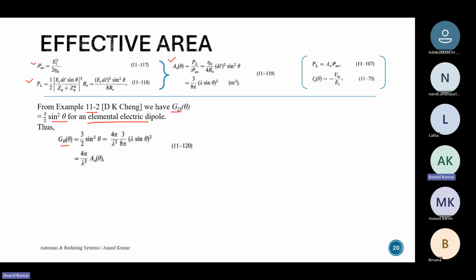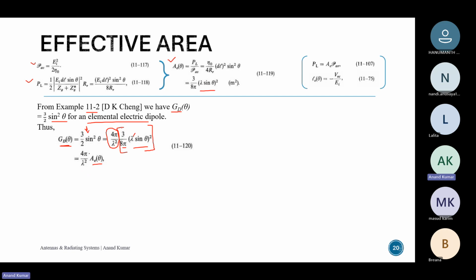Now, multiplying and dividing, we have multiplied with this term over here and then divided with 4 pi and lambda square. We modified this term, and it resembles the effective area. So we can write the directive gain is equal to 4 pi upon lambda square times the effective area.